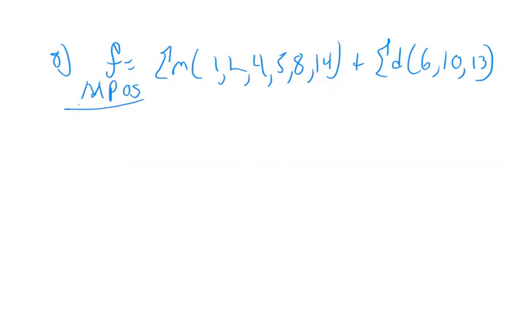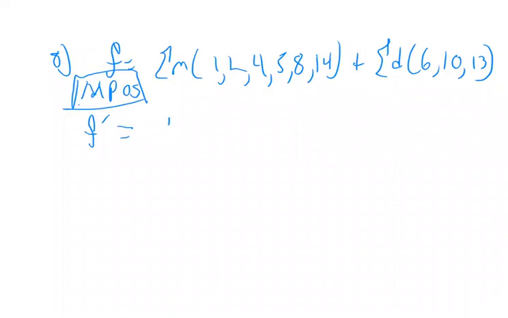Now, if it said minimum sum of products, I'm all over that, right? Because I can do a K-map. We just did that. That's easy. But now it says find the minimum product of sums. That's different. What do I do? Don't you loop the zeros instead of the ones? You could do that. Or what else could I do? Instead of looping zeros, what if I just said, let's find F prime?